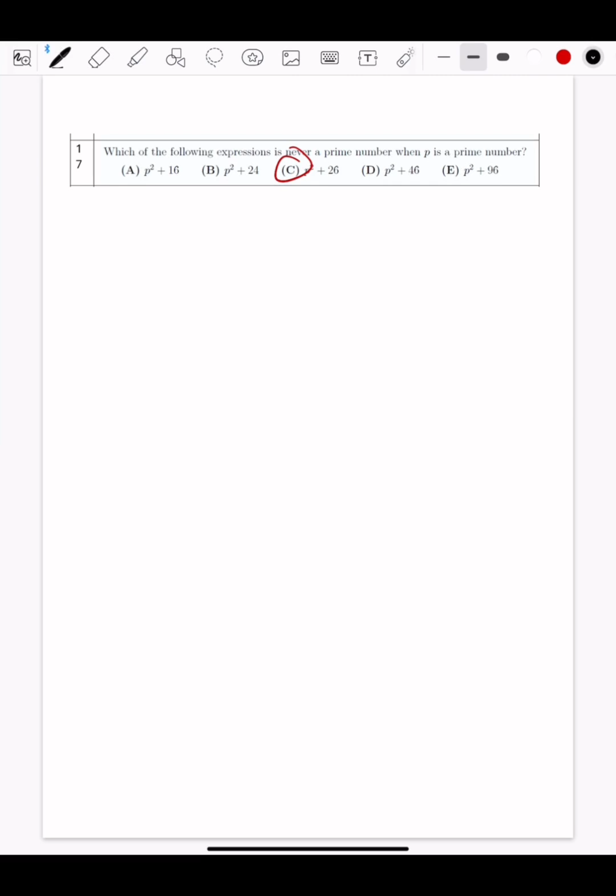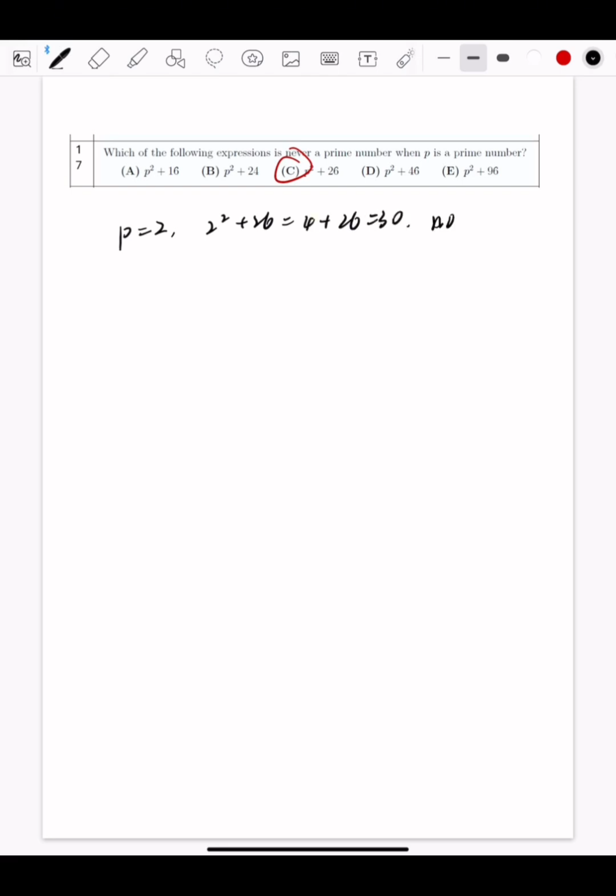Test small prime numbers for each option. We can evaluate each expression for the smallest prime numbers, like p equals 2, 3, 5, 7, 11, to check if the result is ever prime. If we choose the third one first, like for here, we know that so that is not prime. Right, and for p equals 3, also not prime.